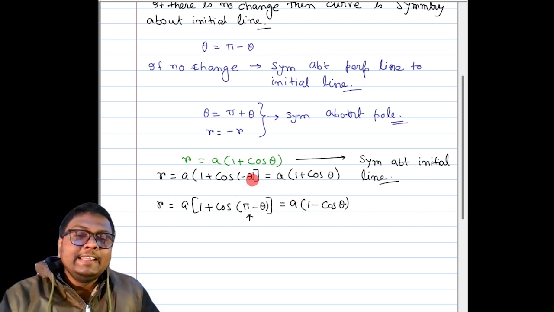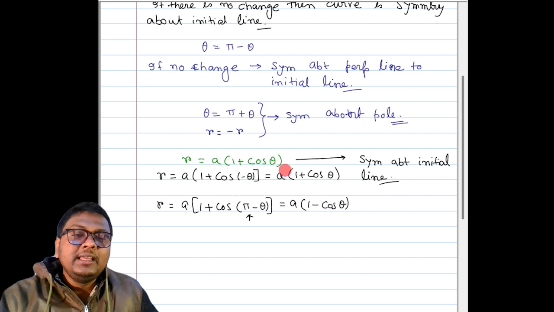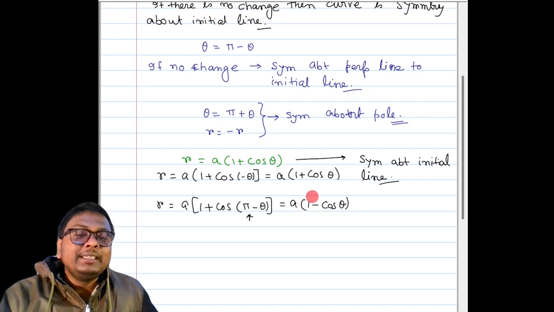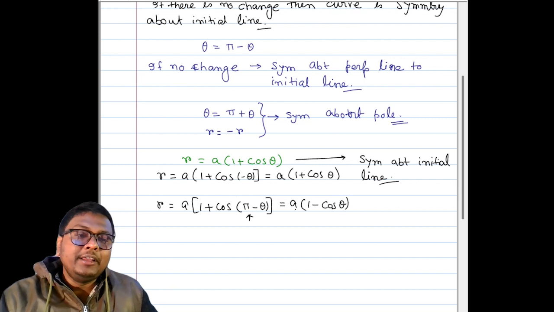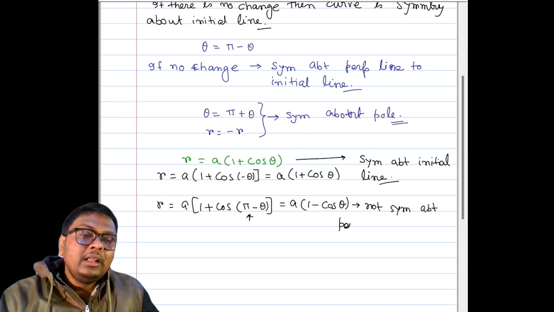Now you can see that the equation is changed. Here the equation is r equals a into 1 plus cos theta, but here it is r equals a into 1 minus cos theta. So it is not symmetric about the perpendicular line to the initial line.